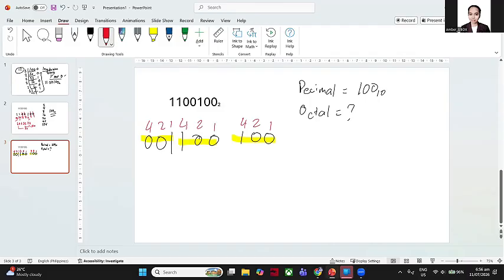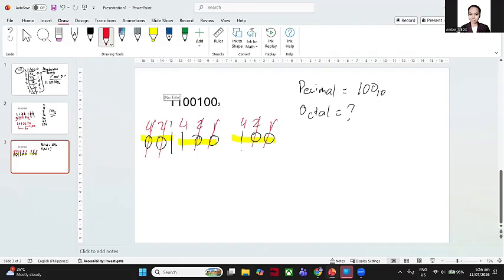Now we will cross out the 0. So now we have 1, 4, 4.